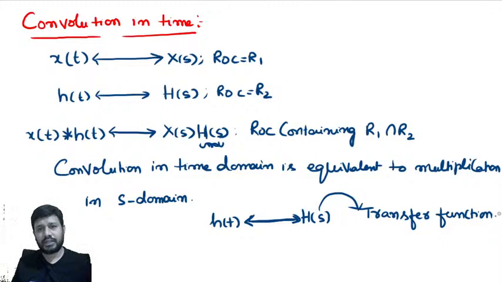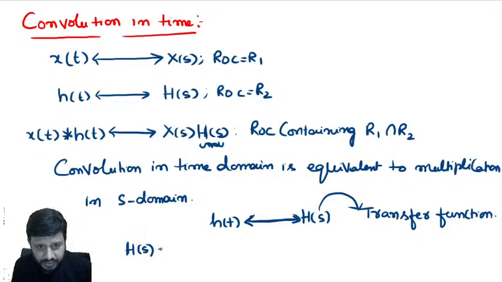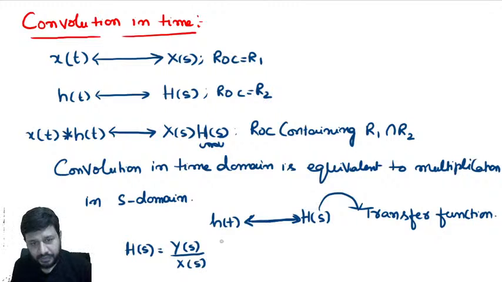Continuous time Fourier transform of impulse response gives frequency response, whereas Laplace transform of impulse response gives transfer function. Transfer function is nothing but the Laplace transform of output divided by Laplace transform of input, considering the initial conditions to be 0.